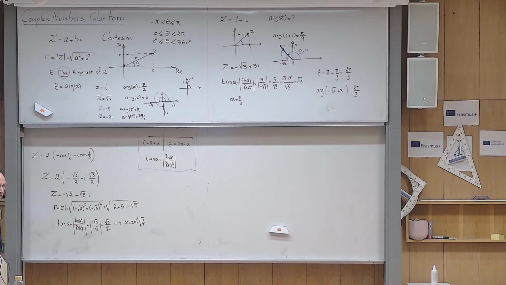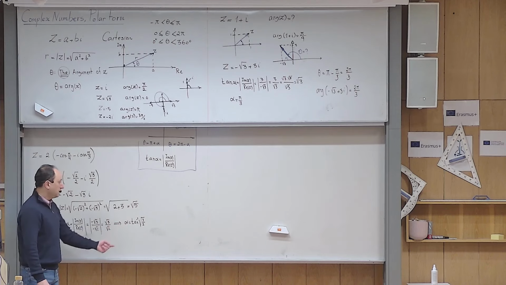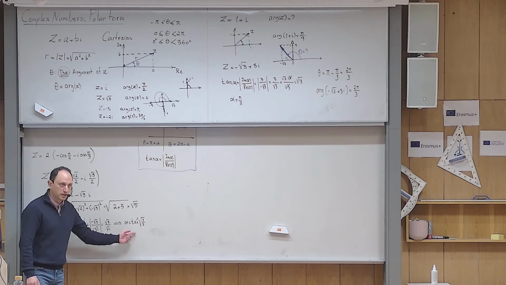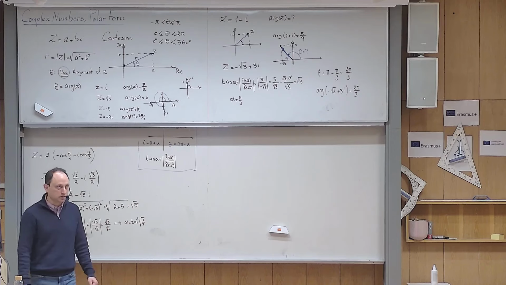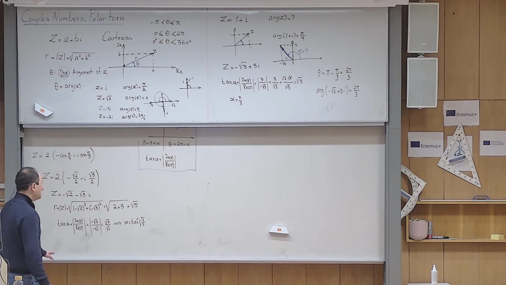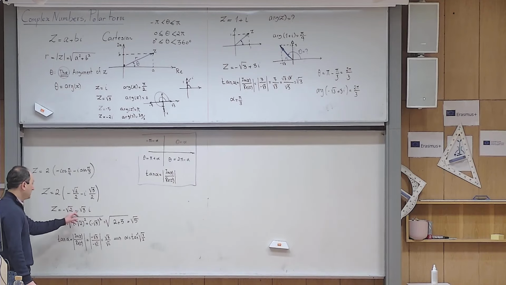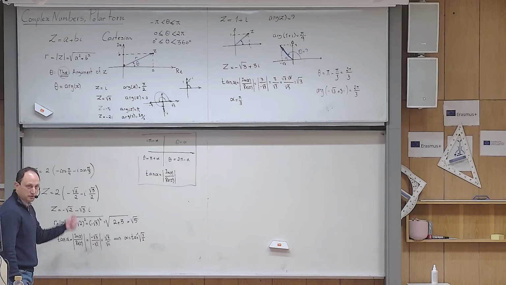But what is theta? If you have a calculator available and it is demanded to calculate up to some decimal points, you put this in the calculator. Otherwise, you keep it like this. But what is theta here? Can you tell me? For theta, you need to know where this point is located. The real part is negative, the imaginary part is negative, so it is in the third quadrant.